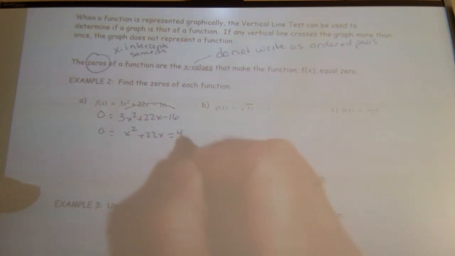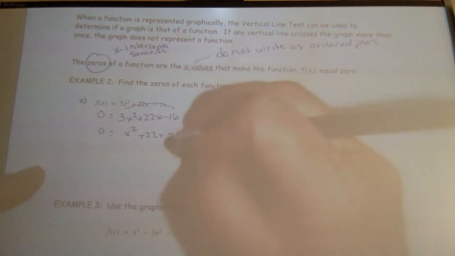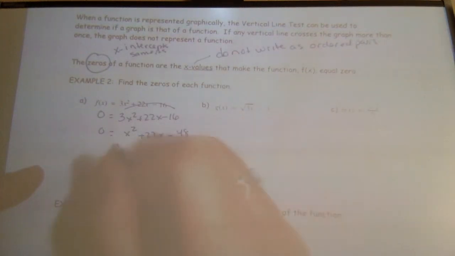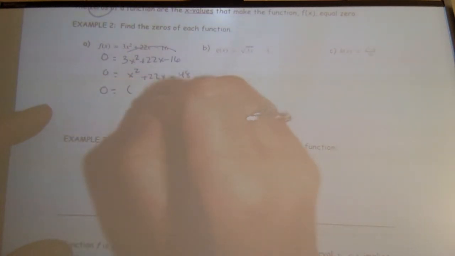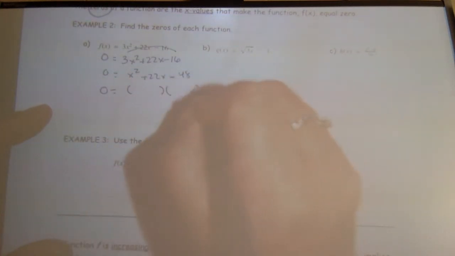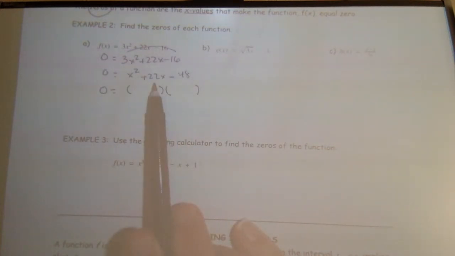Is that 48? Oh, how about minus, not equals? Now, what multiplies together to give us 48, but subtracts to give us 22? 24 and 2.